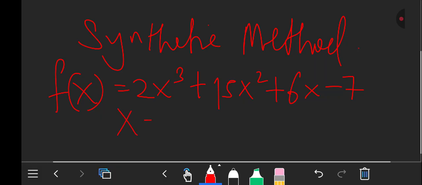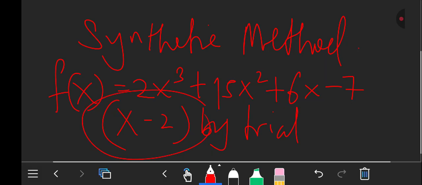So since we are saying x plus 1 is a factor by trial and error method, you get to equate this x plus 1 to be equal to 0. Then you find, so this is a factor, just equate to 0, so that you can use now the synthetic method in order to come up with the complete factors, since we are trying to factorize this polynomial function.